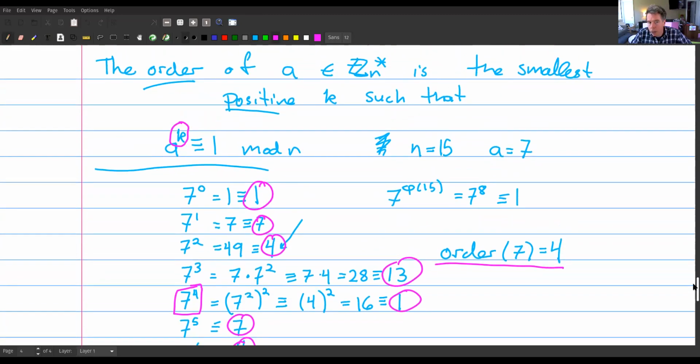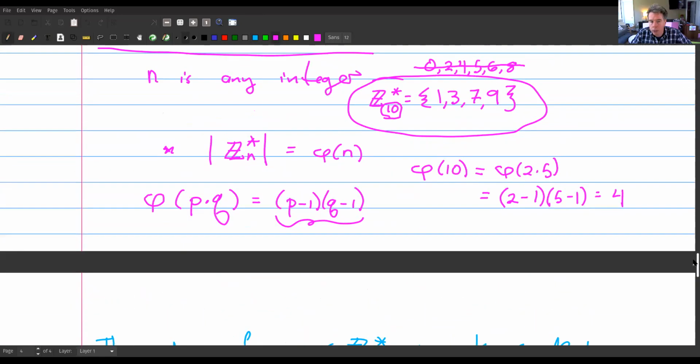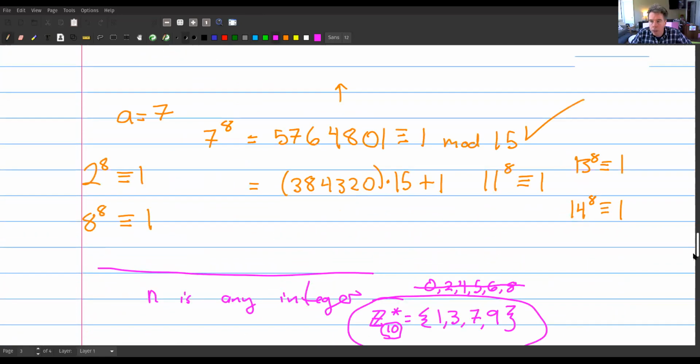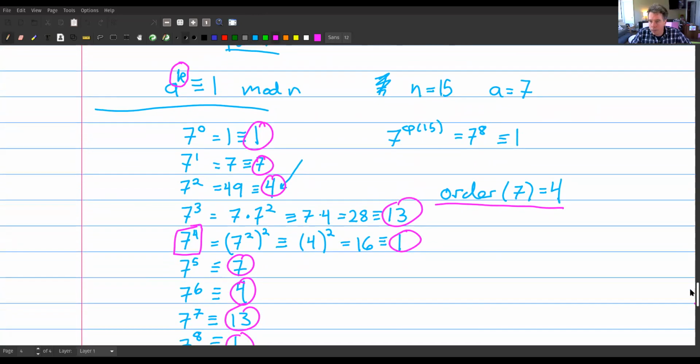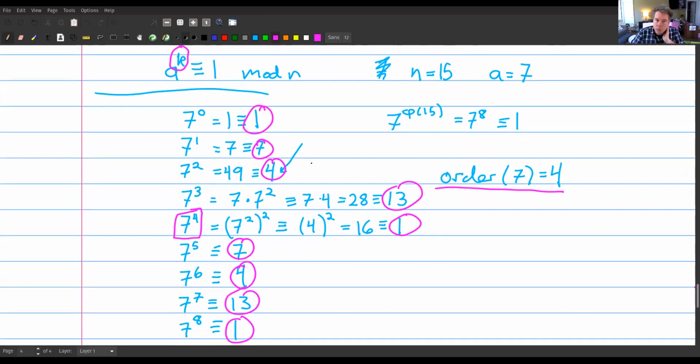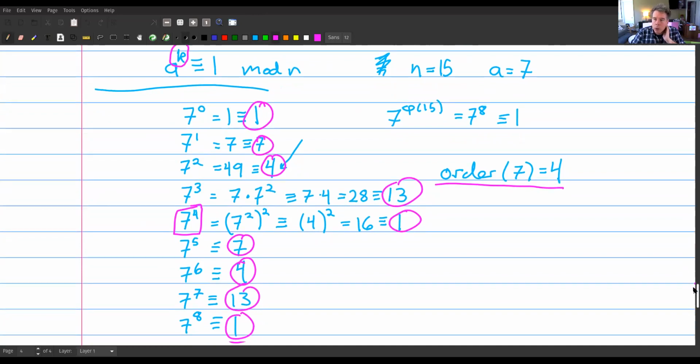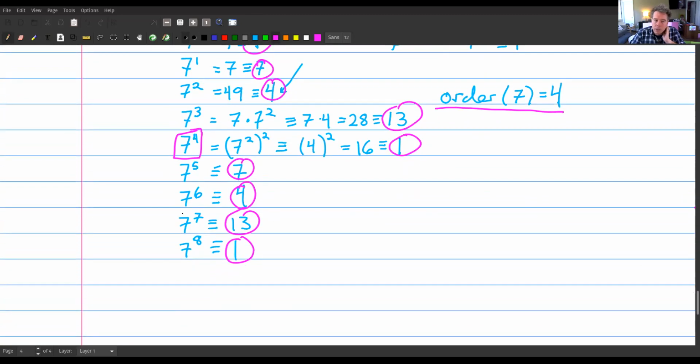One way to understand what Euler's theorem is saying is that every element will always fall into a cycle like this, and when you get to phi of n, you'll always be at a point that is 0 with respect to the order.